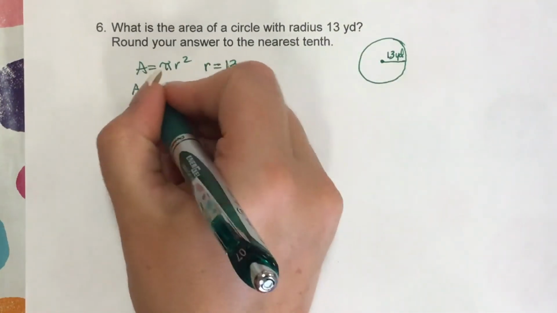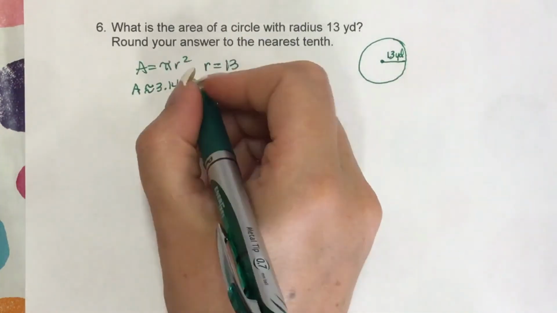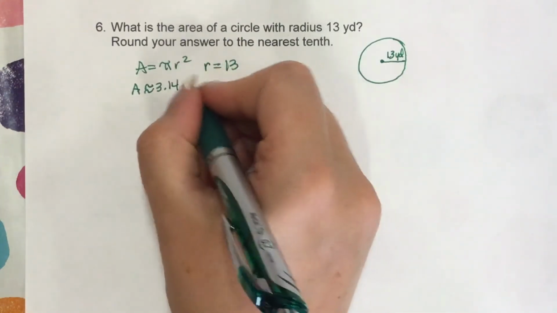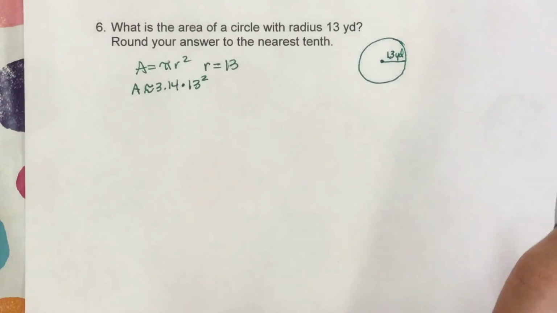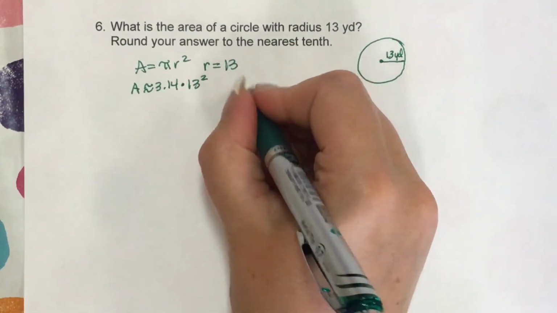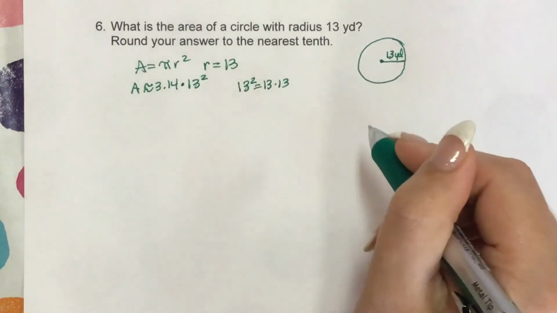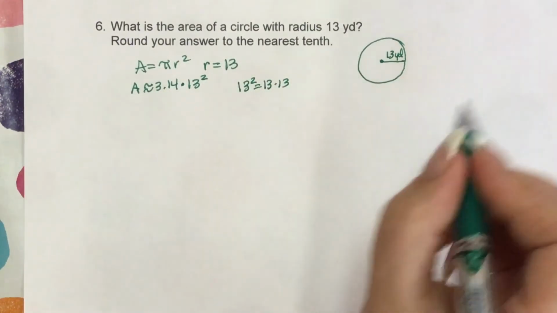So area is approximately 3.14 times r is 13, so 13 squared. All right, cool. We know that 13 squared is the same thing as 13 times 13. So I need to go ahead and figure out what is 13 times 13.